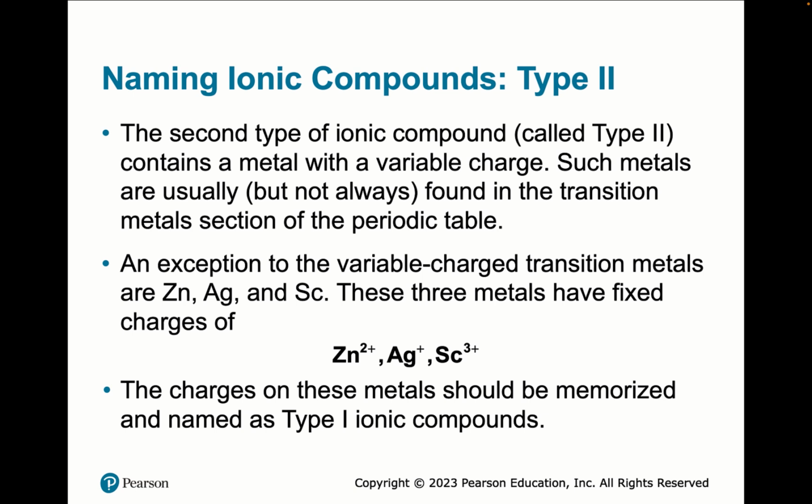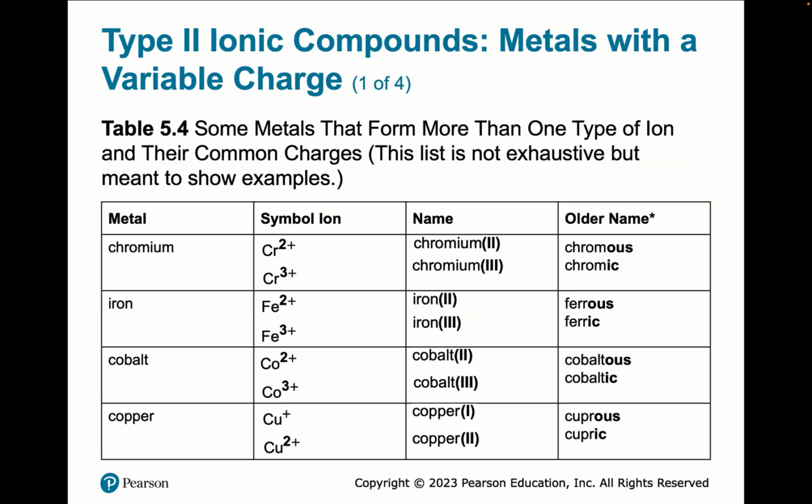We have variable charges in the periodic table. This is not always true, right? So zinc, silver, and scandium, for instance, have set charges typically, but we have other types for other elements. For these ones, the older name, no one really uses that.